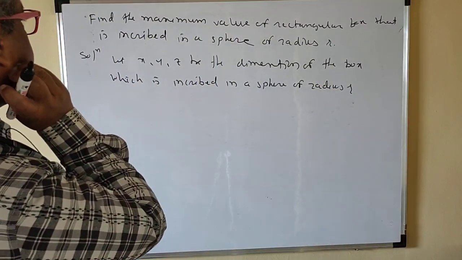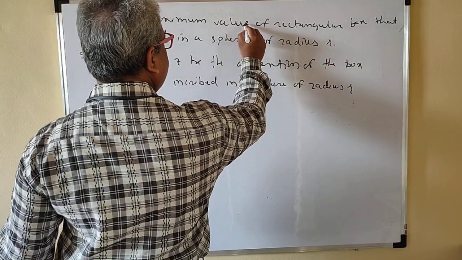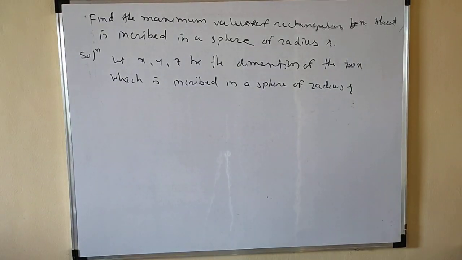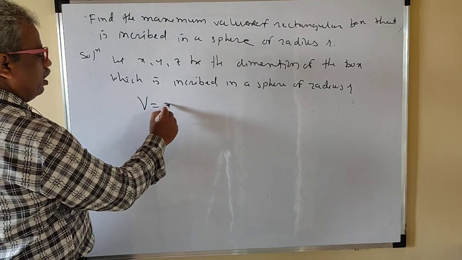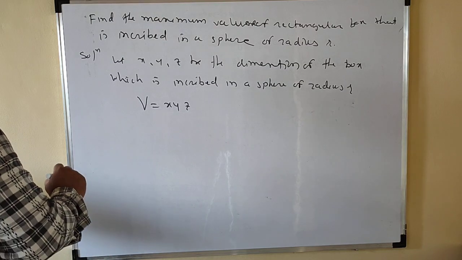Then what we have to do? Find the maximum volume of the rectangular box. What is the volume of the rectangular box? x, y, z is the volume.